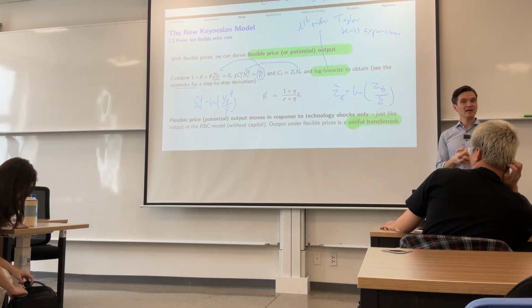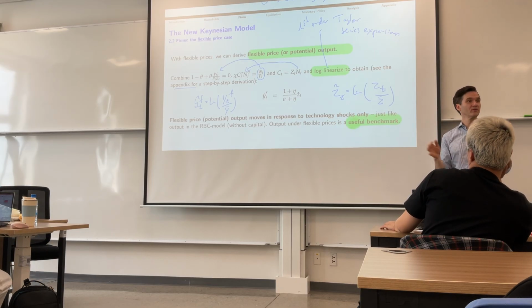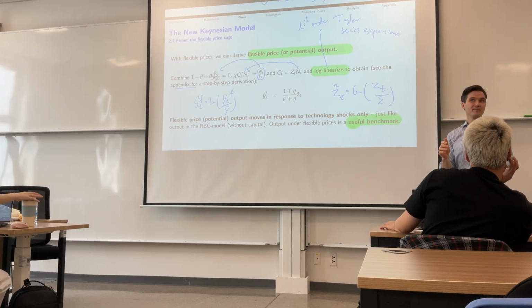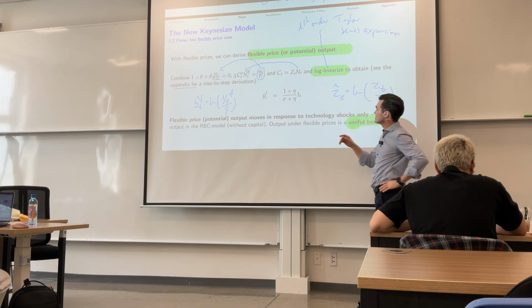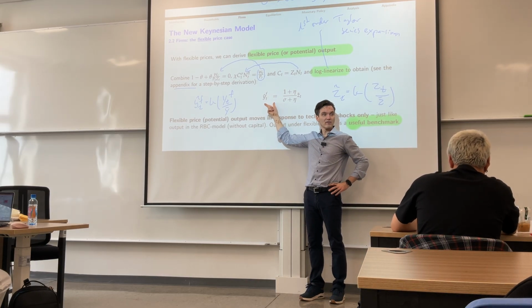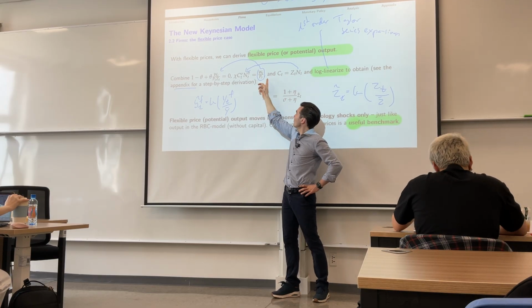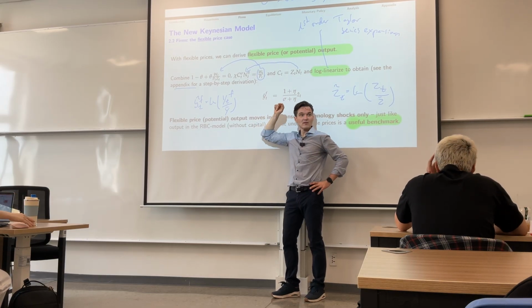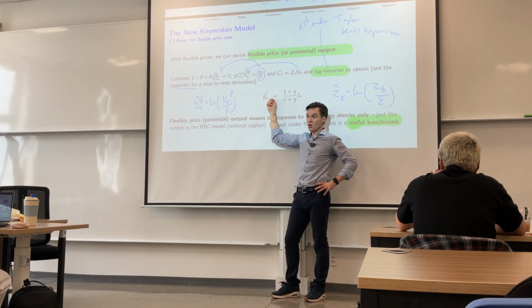So it's a hypothetical concept. It's like a parallel world. We cannot observe that. And the superscript f just defines that level of output. It says, when you take those three equations, which are only valid with flexible prices, the resulting level of output, we denote by y^f.